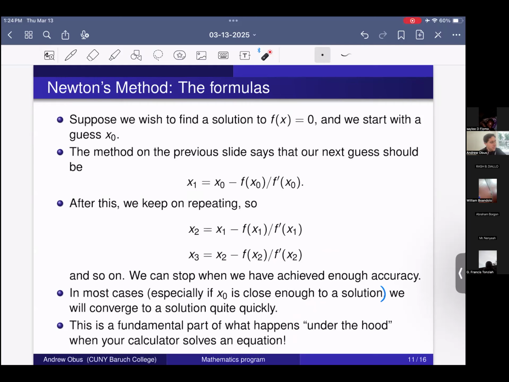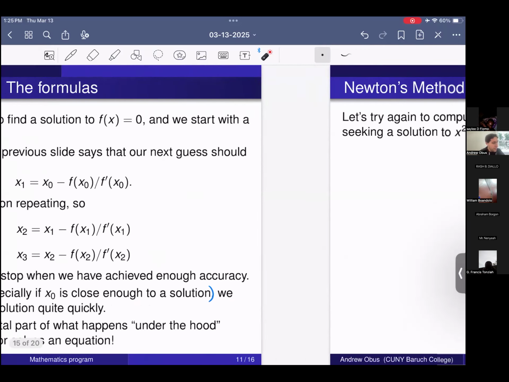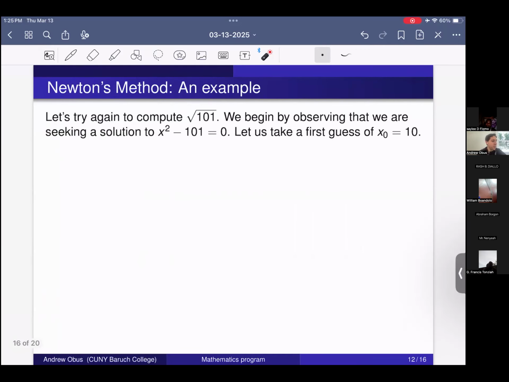Okay, so let's see what Newton's method gives when we're trying to do certain things. Let's do an example. Let's again try to compute the square root of 101, but we're going to do it using Newton's method instead.